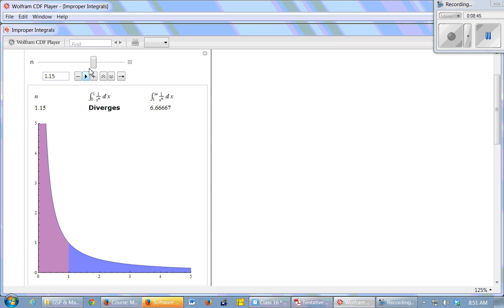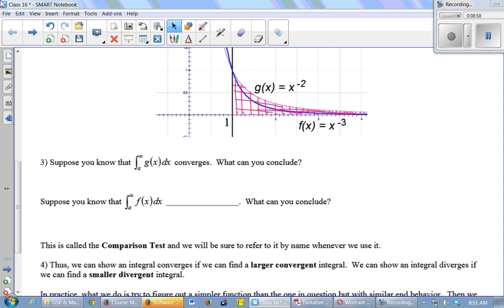Oh, it doesn't go that far. Oh well. We did it yesterday, but I can't remember what it came out to. But it came out to some number, right? Instead of integrating from 1 to infinity, we went from 1 to b, and then took the limit as b goes to infinity.